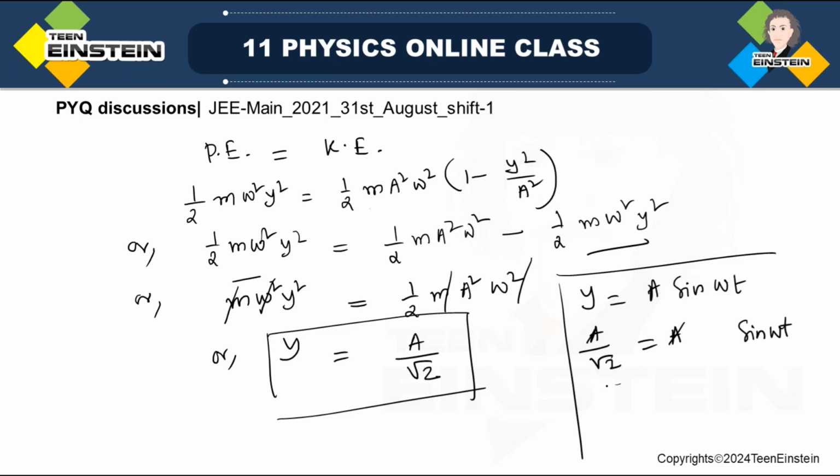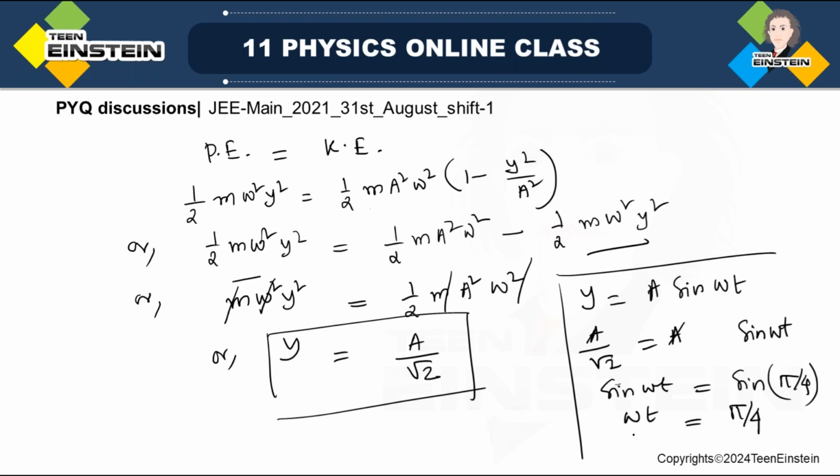That means sine omega t is equal to sine of pi by 4, so omega into t will be pi by 4. So from here I can get the t.